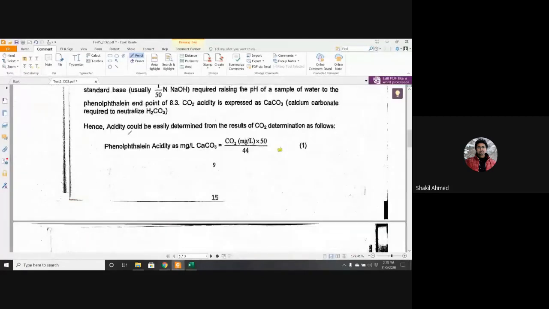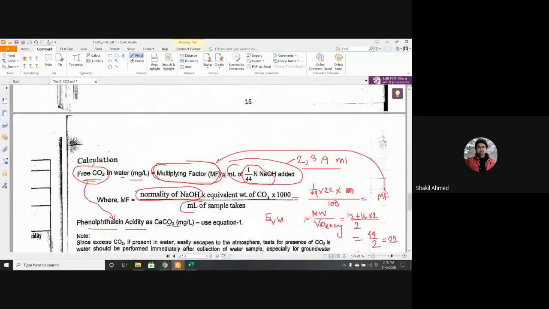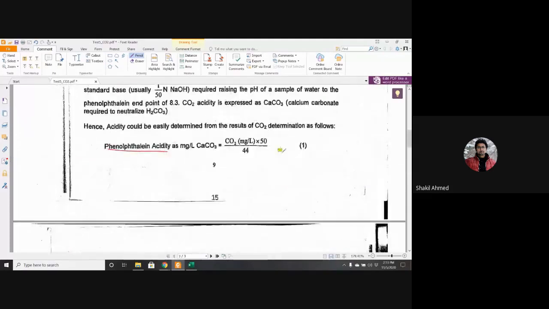So if you know the carbon dioxide concentration, for example, from here you got 40 milligram per liter, then by using this 40 in this equation, you will get the phenolphthalein acidity in terms of milligram per liter as calcium carbonate.